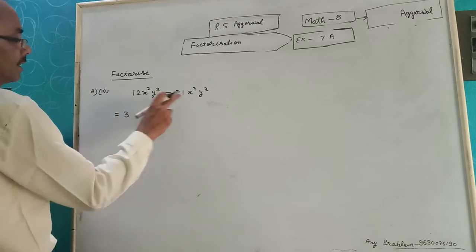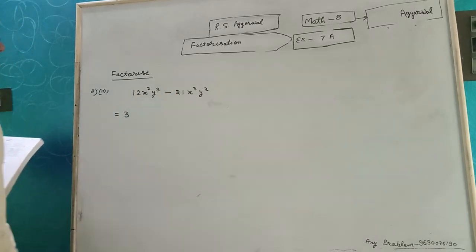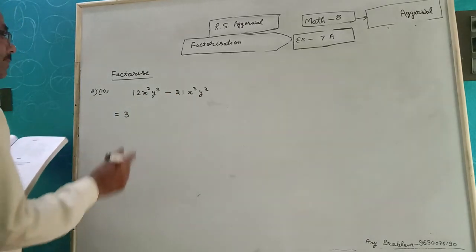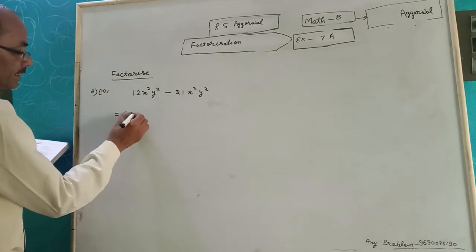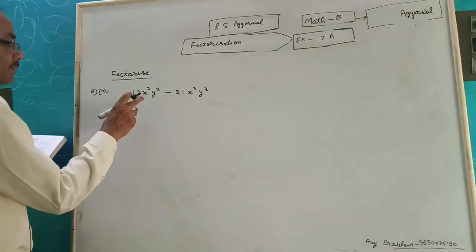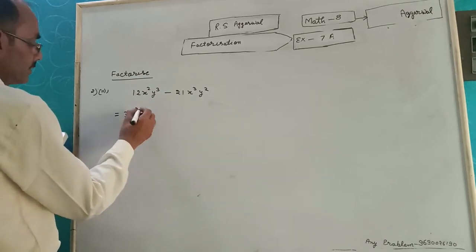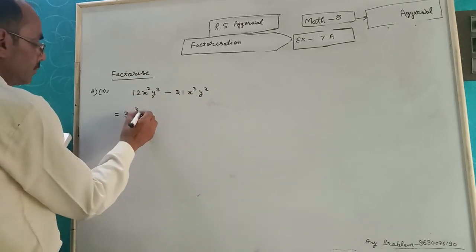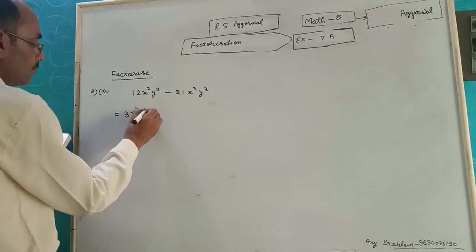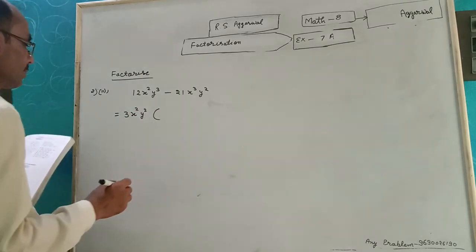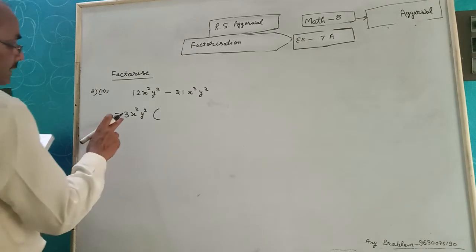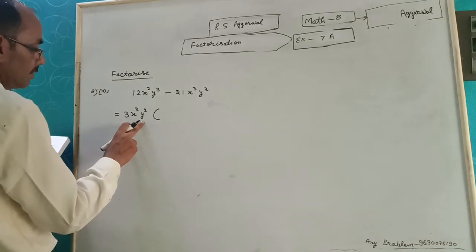Here x square and x cube, smaller is x square. Look at y cube and y square, smaller is y square. Common will be the smaller. 3x square y square is common.